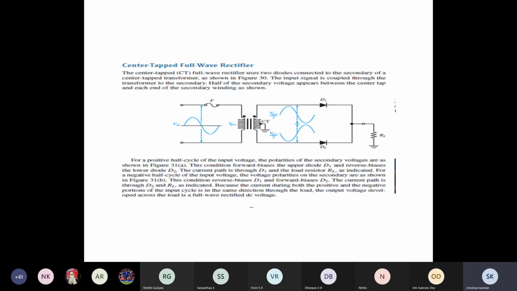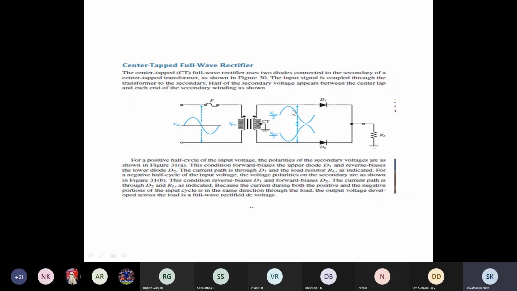I'll show you. You can use a center tap transformer. If you apply a waveform through the center tap transformer, the signal is coupled by mutual inductance, and you can see the waveform at the output of the upper half of the secondary and the lower half of the secondary. They have a 180 degree phase reversal.